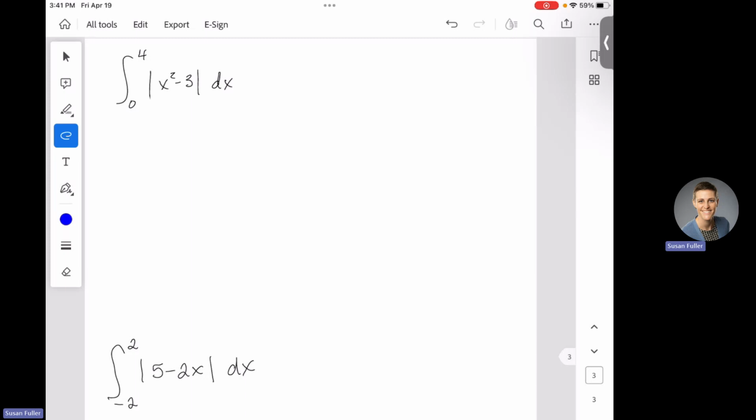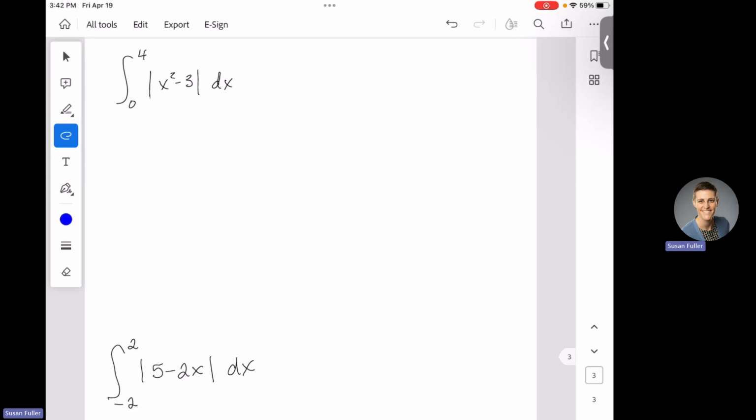Okay, so there's a couple of different ways to do this depending on if you're more of a visual person or if you're more of an algebraic person. I'm going to show you both ways. That way you'll have the skills to work with your brain. So I'm going to start graphically on this one, and then I'll start algebraically on the next one. So x squared minus 3.